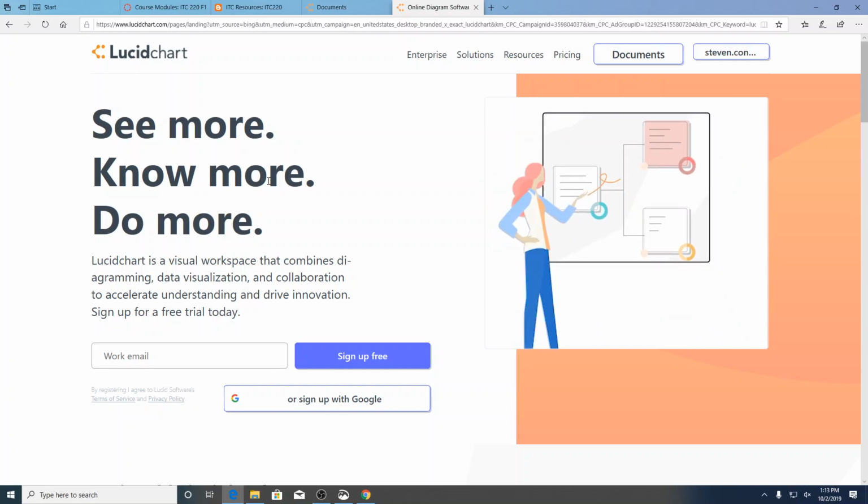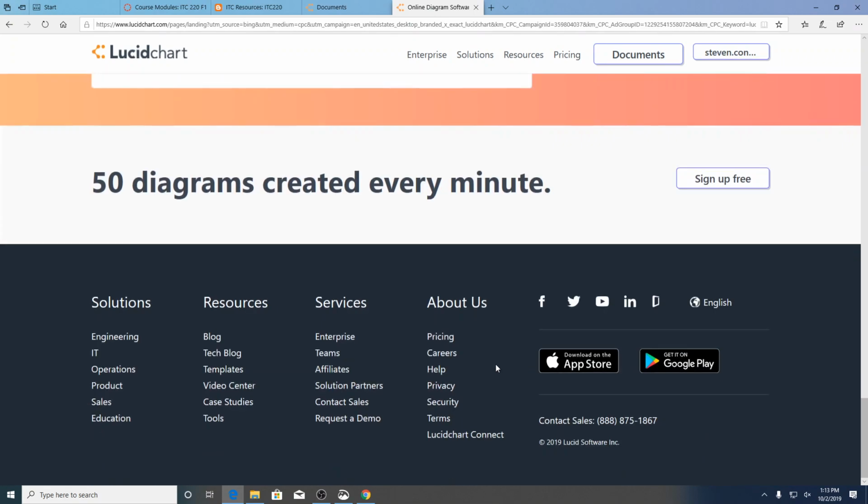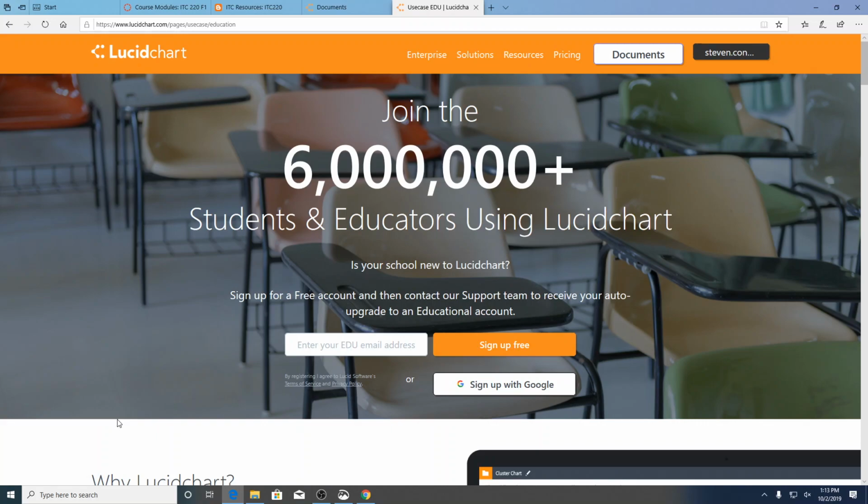So I just want to reiterate, if you haven't done this yet, don't sign up for free. If you sign up for free, you get like 2 charts and it's crippled. You want to go all the way to the bottom. And you want to do the education one. And you need to use your EDU email address.